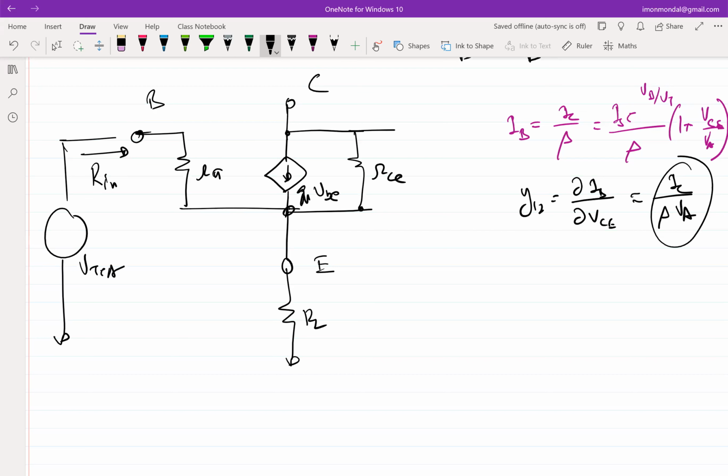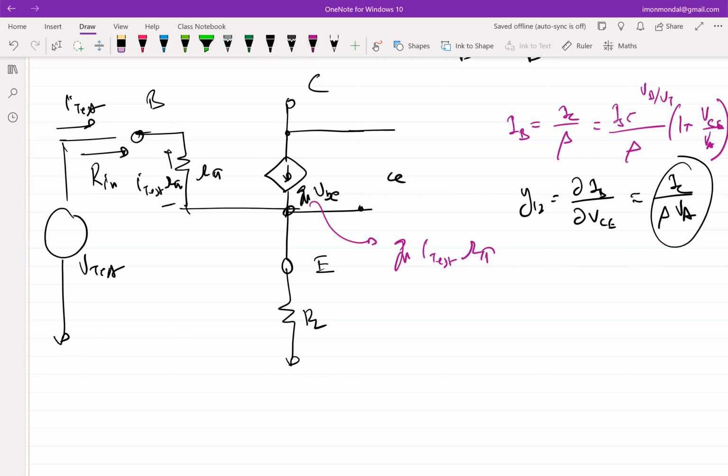You can find out. You apply a V test, you have a current I test. This I test flows through this r pi and it creates a voltage of I test times r pi. So your VB now becomes I test times r pi. So this current is gm times I test times r pi.